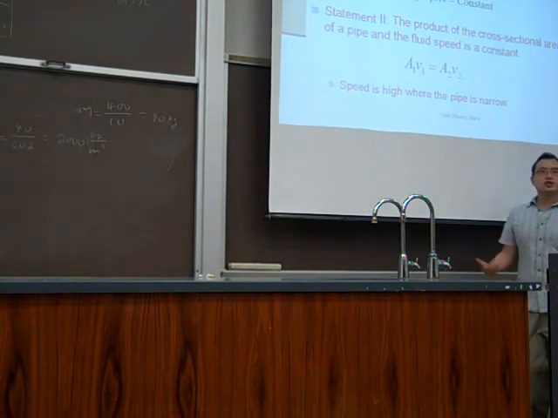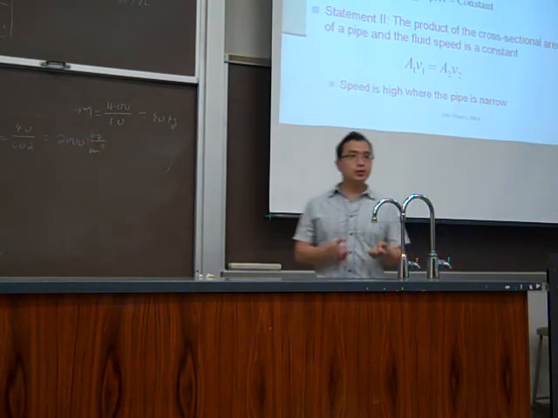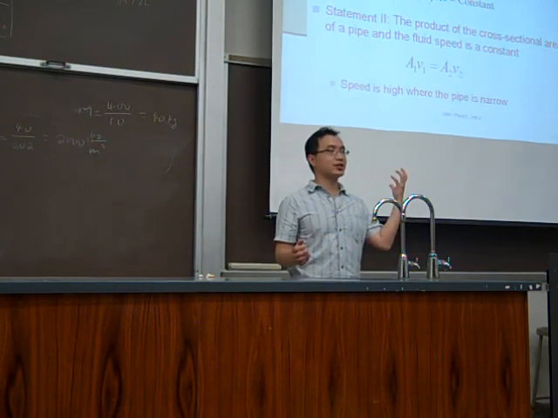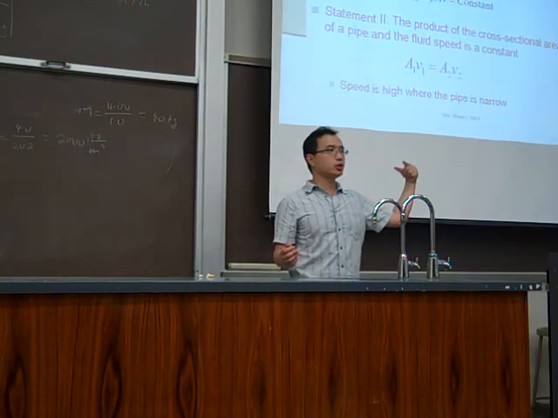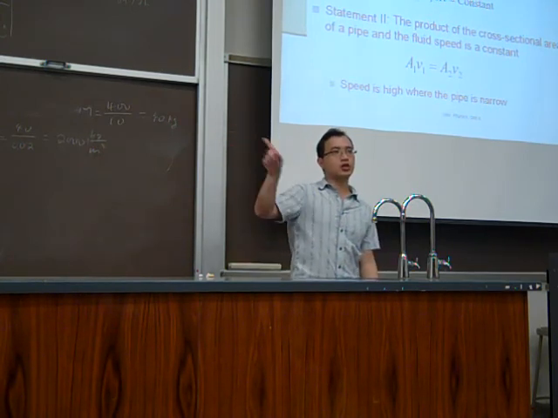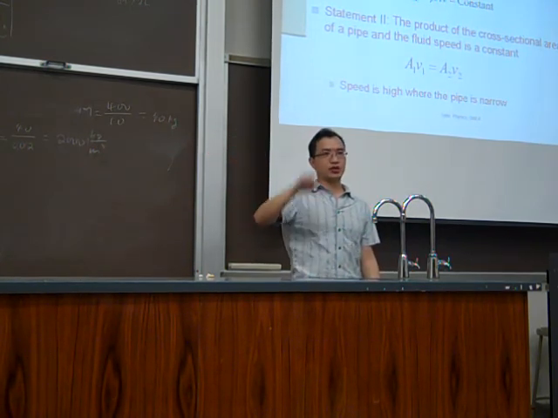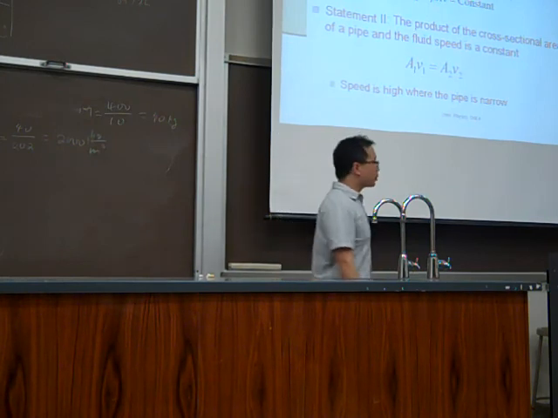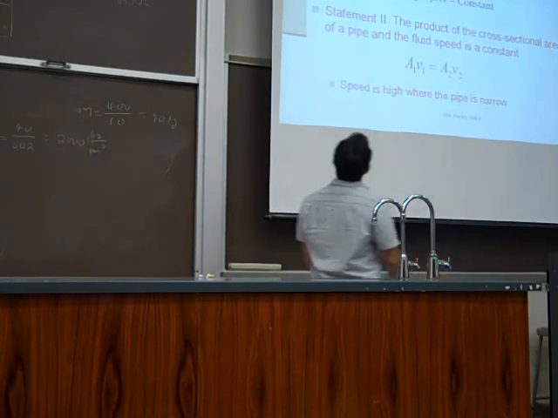And so this is natural. But due to the mass conservation, it says that however much fluid enters at one side, you should have that much fluid leaving from the other side, if there is no leaking, right?